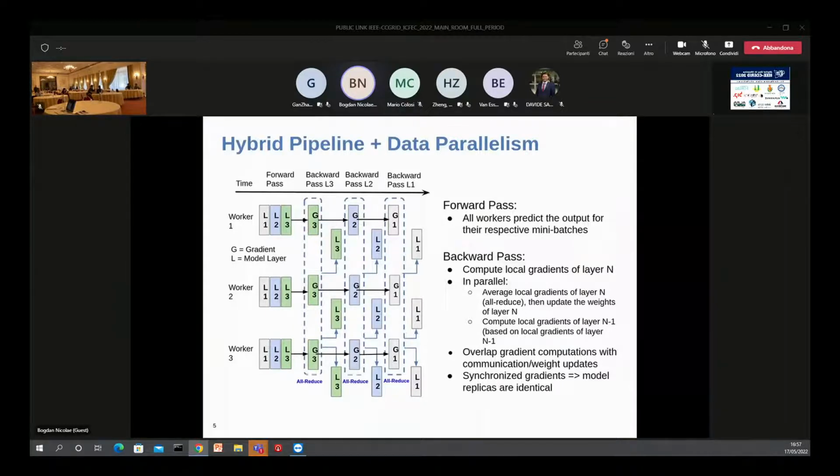And so then the model replicas will be synchronized layer-wise. And at the end of the iteration, they will remain identical.